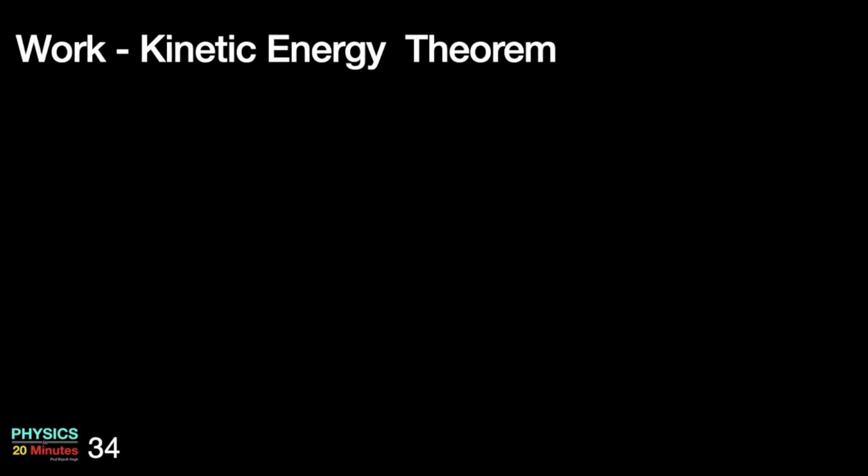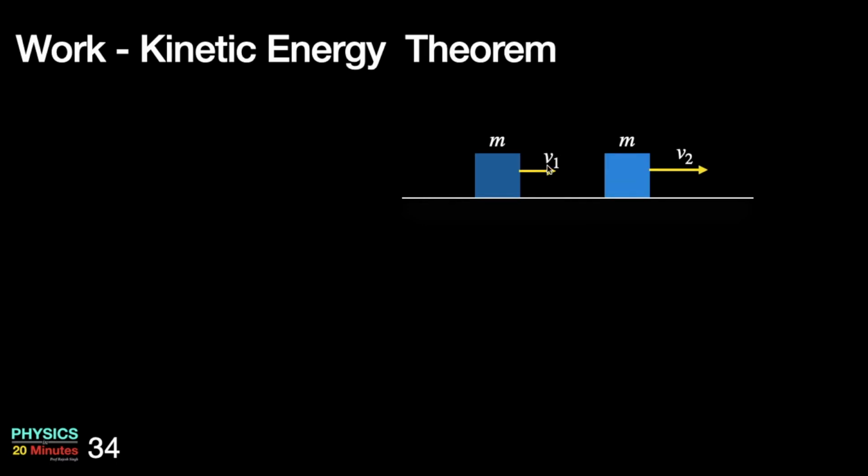That brings us to the very famous work kinetic energy theorem. Suppose I have a block of mass m which is moving with the speed v1, and you apply a force on it. As a result, the speed changes from v1 to v2.